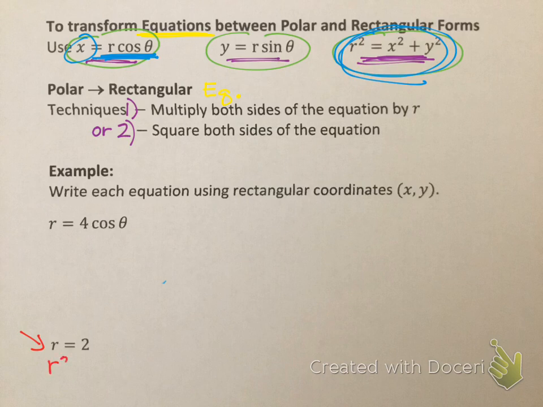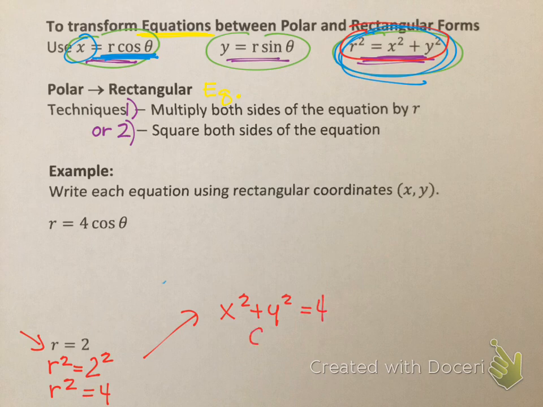So that would give me r squared equals 2 squared, or r squared is equal to 4. Well, we know what r squared is equal to. It's equal to x squared plus y squared. And I recognize this. This is a circle whose radius is equal to 2 and whose center is at the origin.